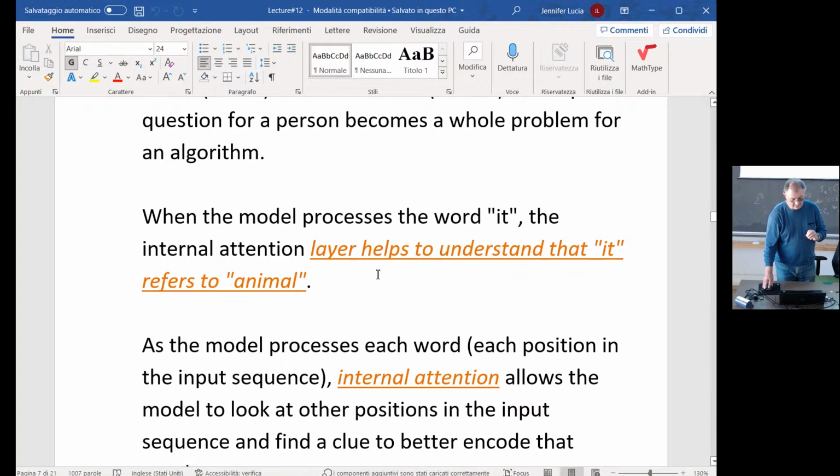When the model processes the word it, the internal attention layer helps to understand that it refers to animal.